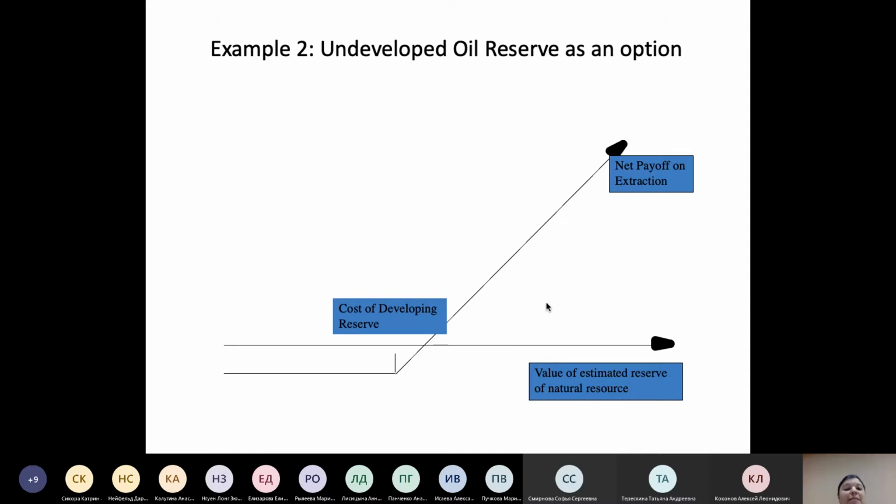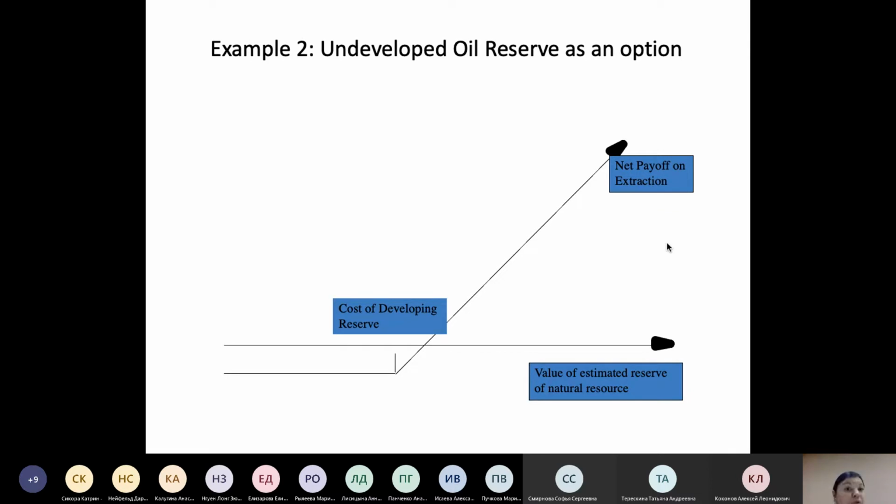Another example of a real option in our investment project valuation: an undeveloped oil reserve as an option, and the cost of developing the reserve can be named our spot price, our current price, and our net payoff of extraction, the payments for our extraction, will be compared with the price of this option and our expenditures.